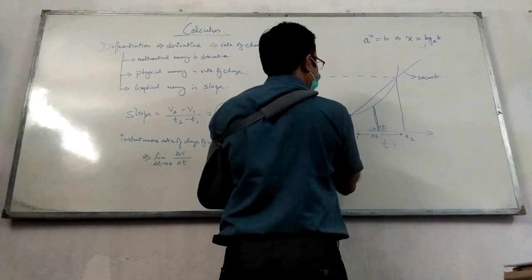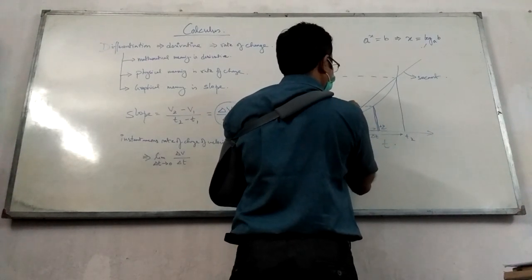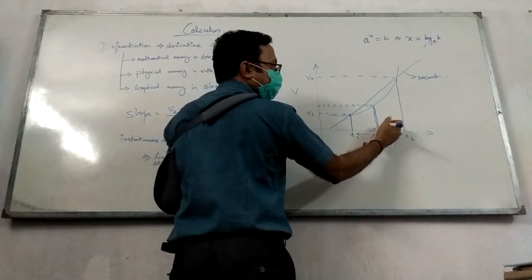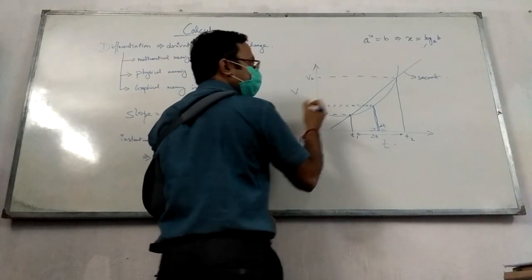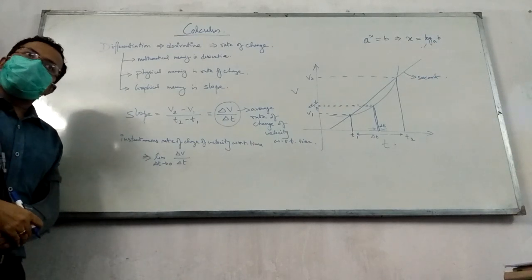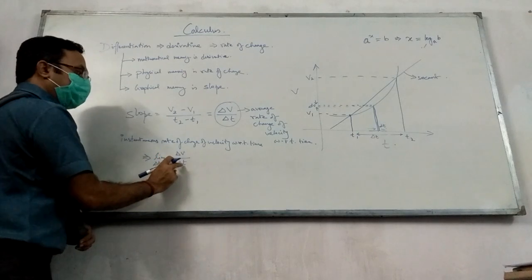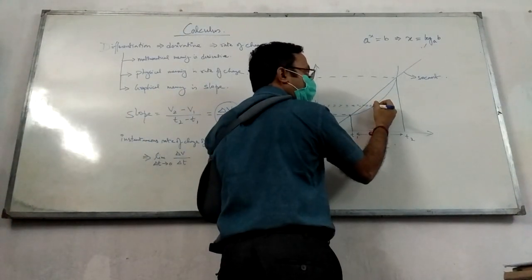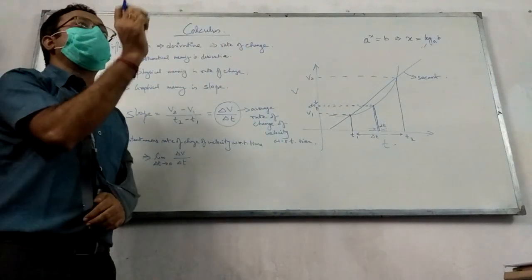We are not calculating this, we are just representing it here. For the change in time dt, there is some amount of change in velocity dv, which will also be very small. In this case, delta v by delta t will be the slope of the tangent drawn at this particular point, because these are no longer two different points.